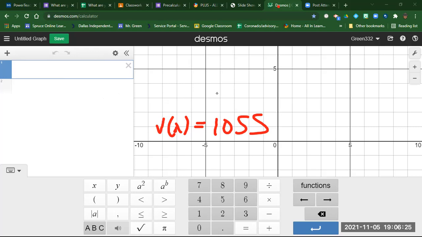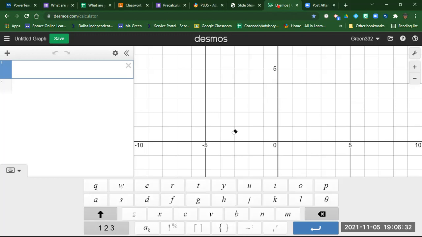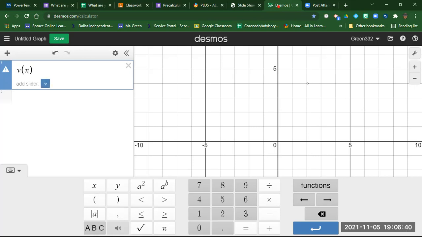All right, let me get rid of this. x times (22 minus 2x) times (28 minus 2x).